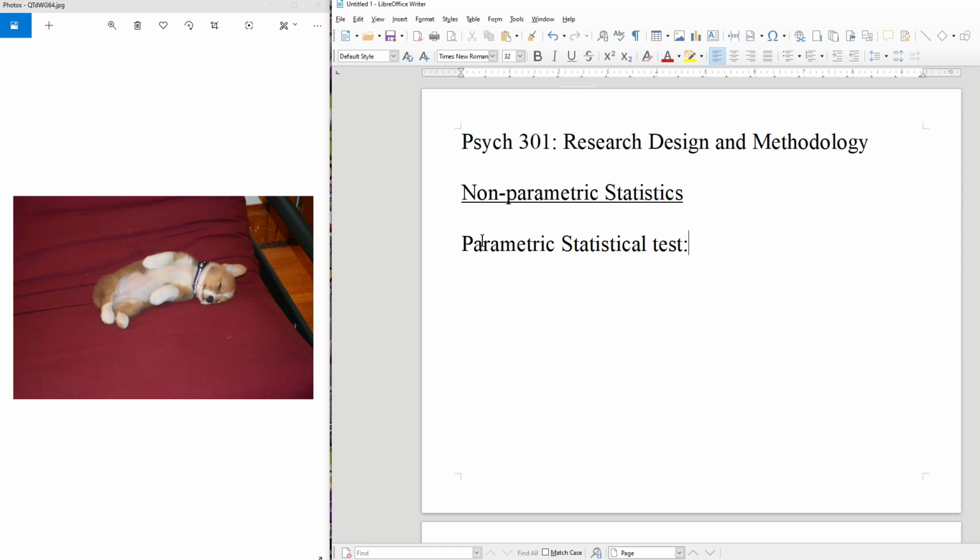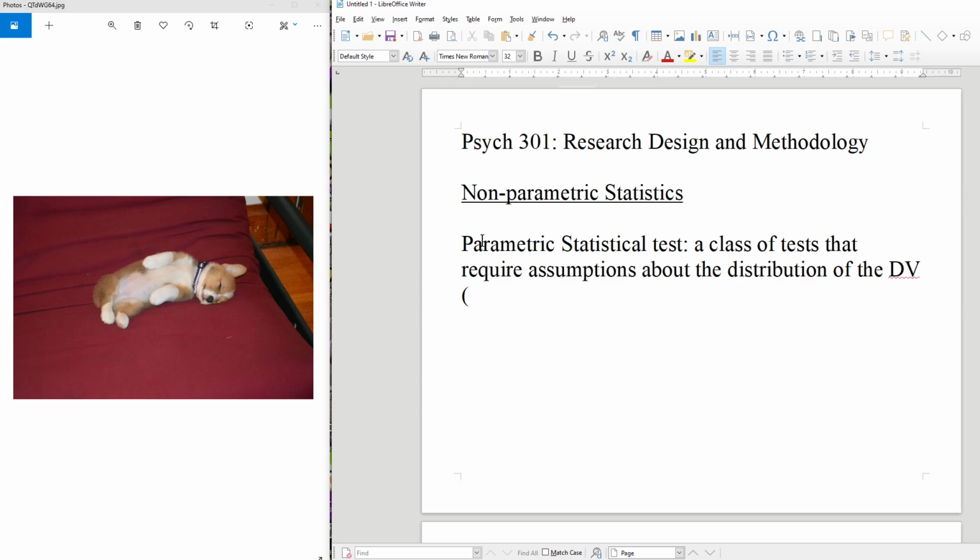That is a class of tests that require assumptions about the distribution of the DV, the dependent variable, e.g., normality, in order to obtain correct p-values.